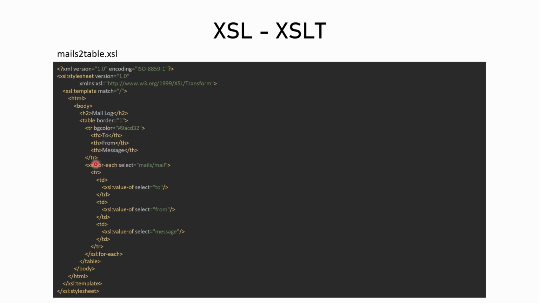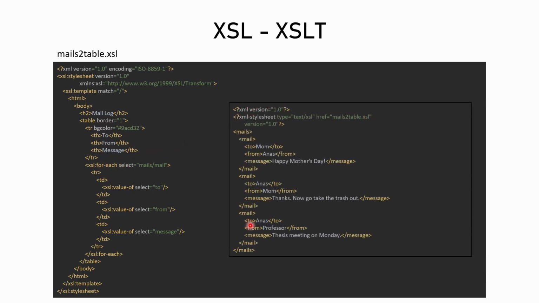So now starts our work of looping through the elements. Let's bring our XML file here so that we can match it to our XSL file as we go along the explanation. All right, so now we have started writing the xsl:for-each element. As you can see, this xsl:for-each element has an attribute called select, and inside the select attribute we have specified the value mails/mail.